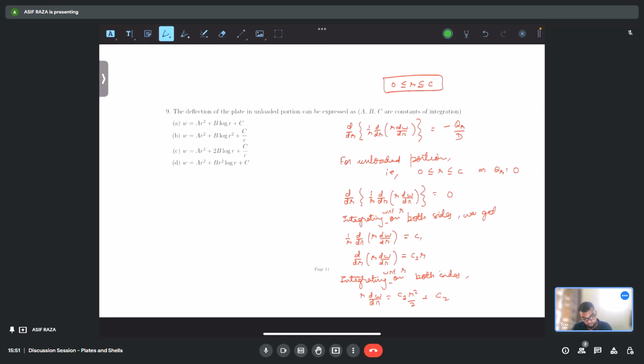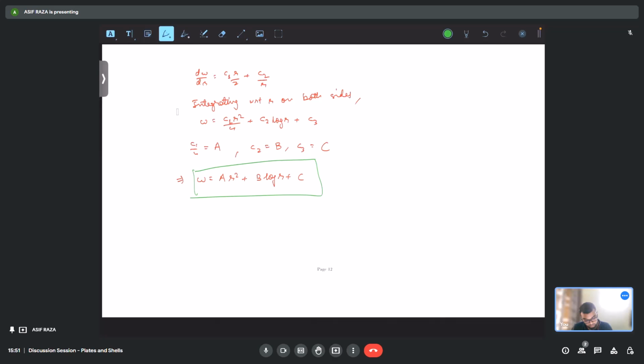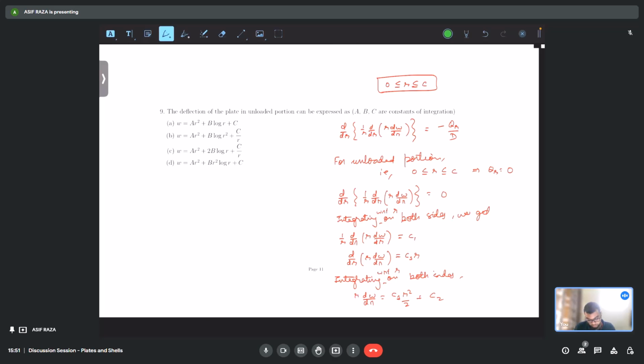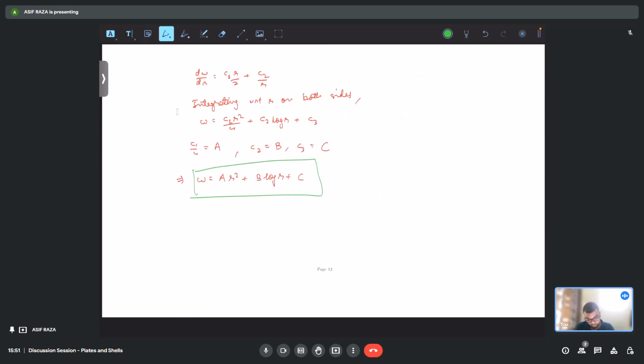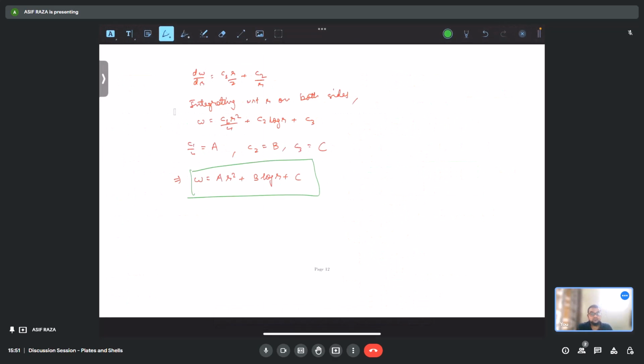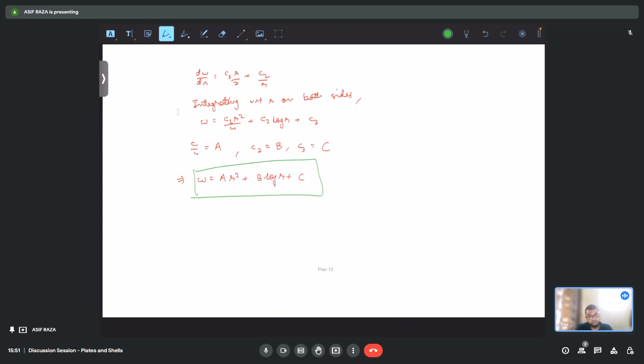So the correct answer would be a r square plus b log r plus c, the first option. Okay, so this is all for today's session.